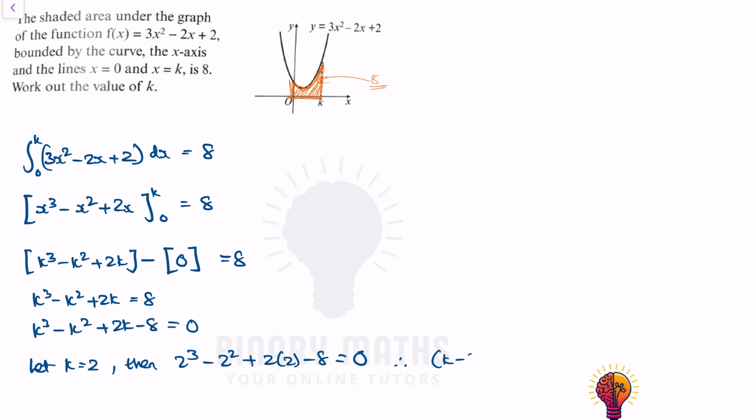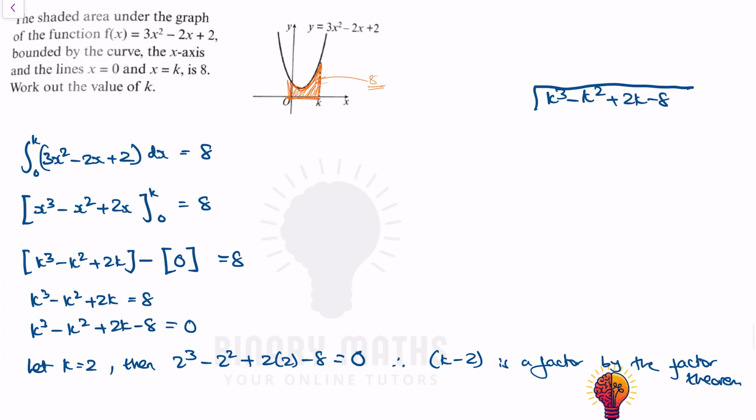Therefore, k minus 2 is a factor by the factor theorem. Okay, so I'll just go over here. Dividing k cubed minus k squared plus 2k minus 8 by k minus 2: k times what gives me k cubed is k squared. So I get minus 2k squared; if I subtract it, I get k squared plus 2k minus 8.